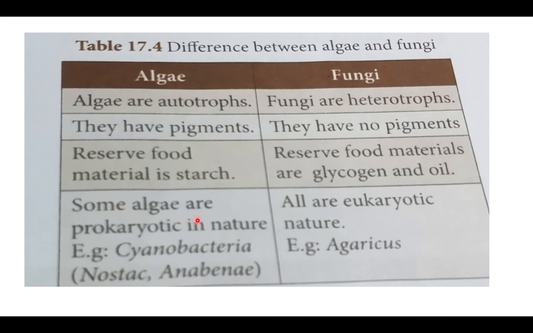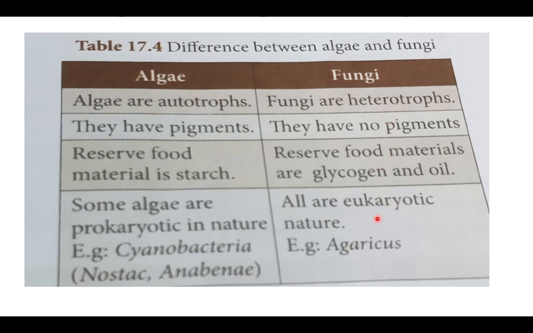Some algae are prokaryotic in nature. Example, cyanobacteria, Nostoc and Anabaena come under this. Prokaryotic means what? The organism which doesn't have a proper nuclear membrane. It has living material but doesn't have any proper nuclear membrane. Membrane-bound organelles are absent here. That is why it is prokaryotic.